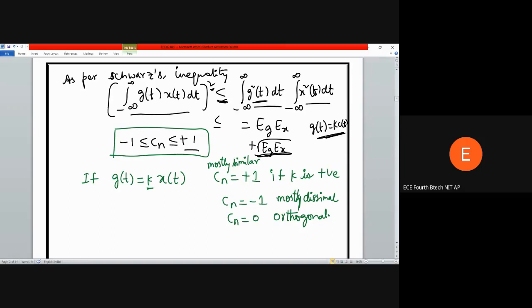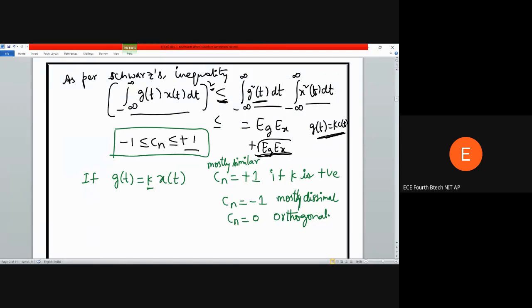When I try to consider Cn is equal to -1, they are exactly opposite. That means they are worst enemies. If a person is trying to do something, the enemy will be doing exactly the opposite. So Cn is equal to -1 will be something like that. And Cn is equal to +1 is best friends. Cn is equal to -1 is worst enemies, actually.